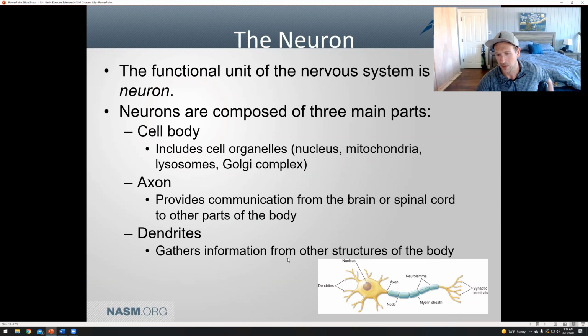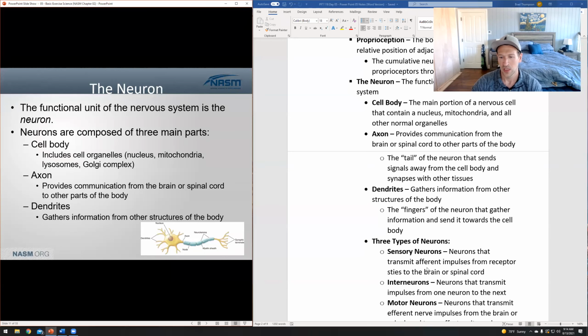Information would go from that neuron and come into the little dendrites here and be gathered, and then travel down the tail of that one, and then it would grab the next neuron and travel down its tail. It's where the real heavy lifting of covering some distance happens, right?